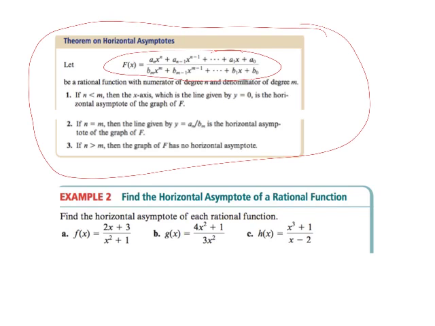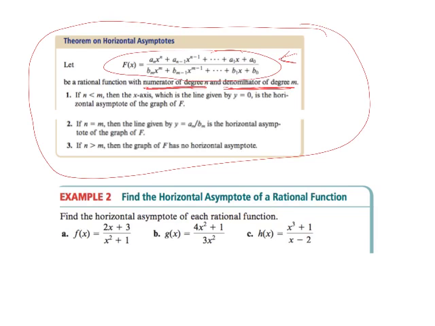So basically what you need to know in order to understand these rules is that we're calling the degree of the numerator n, and we're calling the denominator's degree m. That's the important part here. You don't really need to know this part right here.